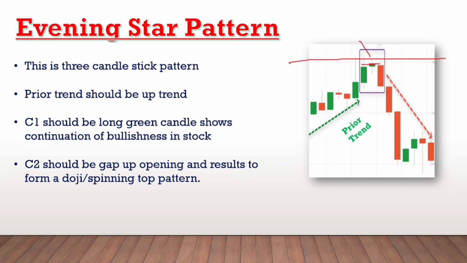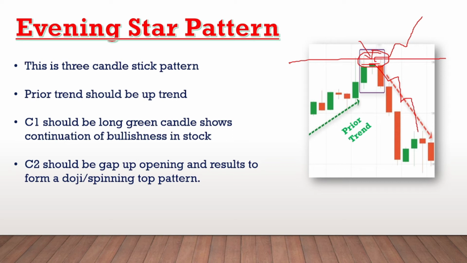And there is entry from bears at this price zone. Again, there are two possibilities, friends. Before continuing another upward rally, there might be a consolidation, or there may be a trend reversal which leads to a fall in the market.